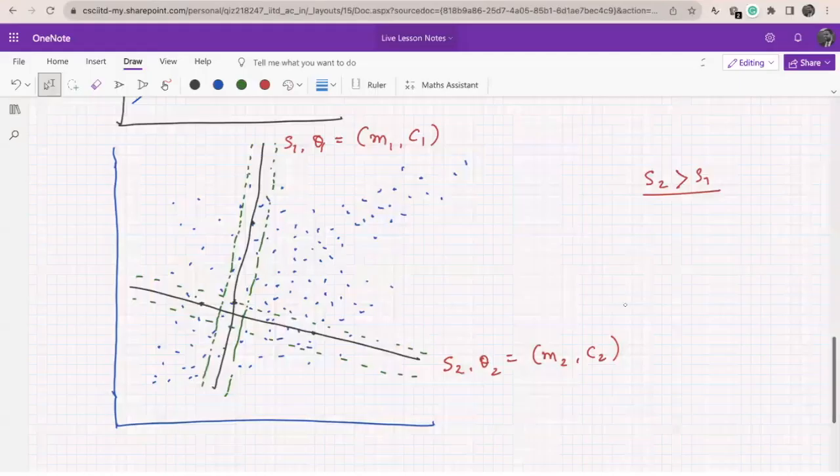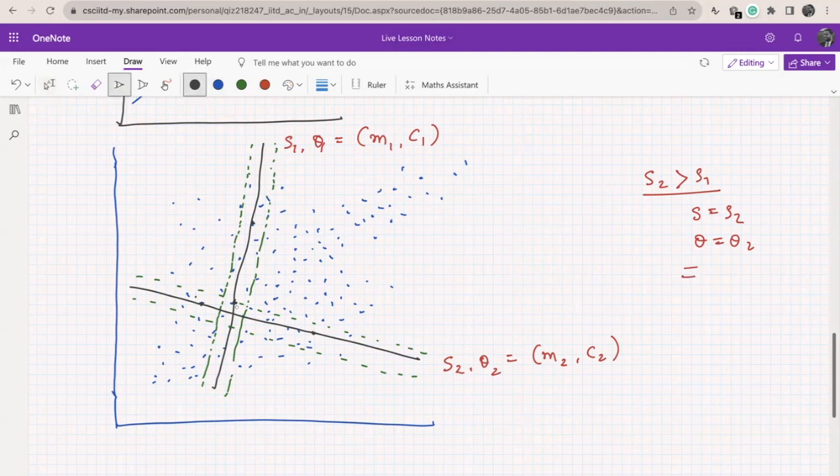So we will store the score equals s2 and theta equals theta 2. Okay, this we did. And let's say in the third iteration we chose a point here.